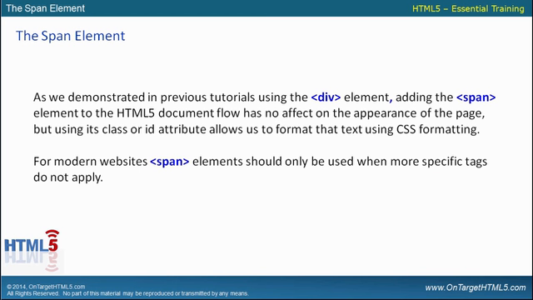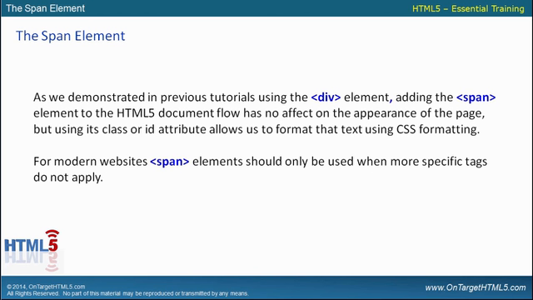As we demonstrated in previous tutorials using the div element, adding the span element to the HTML5 document flow has no effect on the appearance of the page. In other words, just as with the div element, we had no actual effect on the document flow. We saw nothing in the browser window to indicate that we actually had a div element in place inside my HTML file.